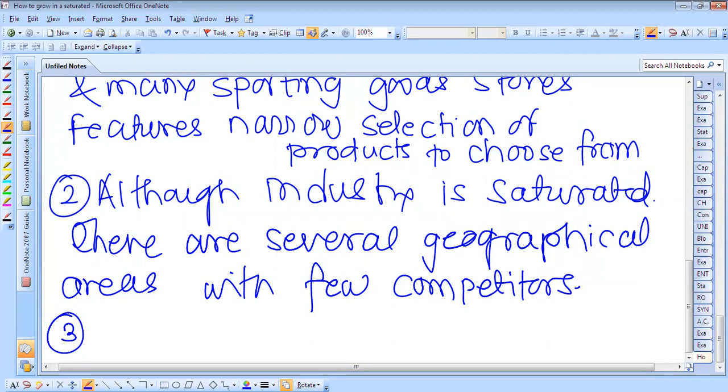And the third point is not the least important: the economics of sporting goods sales. The economics of sporting goods sales showed that sports equipment has very high elasticity of demand.